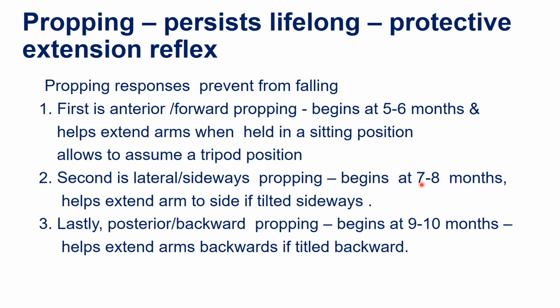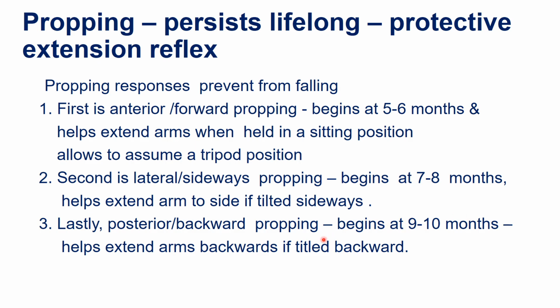Second is lateral or sideways propping. This begins at 7 to 8 months of age. This helps the child extend the arm sideways. If the child is tilted sideways, then the baby extends the arm sideways and protects itself from falling. And lastly, posterior or backward propping appears.